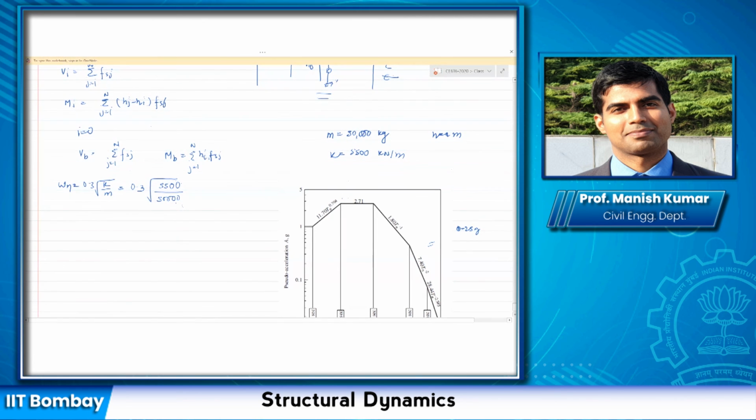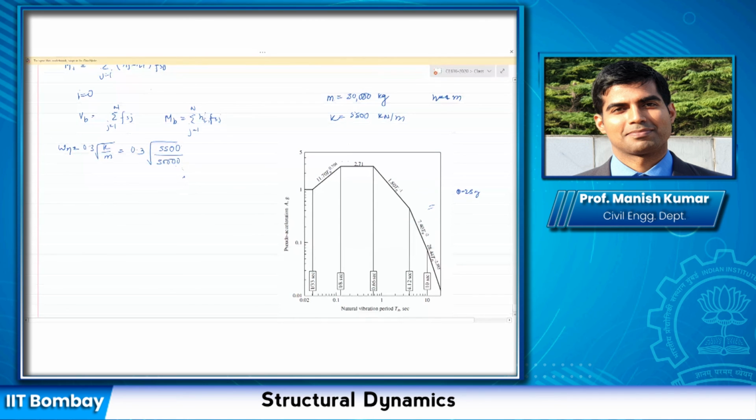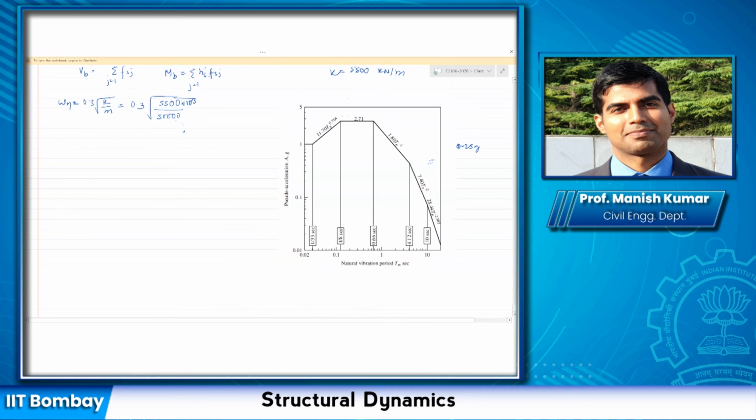I need to multiply this with 10 to the power 3. So this gives me a value of 3.16. And Tn is 2 pi by omega n, which approximately comes out to be around 2 seconds.